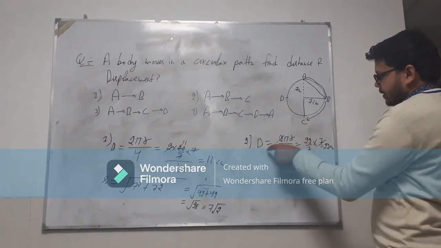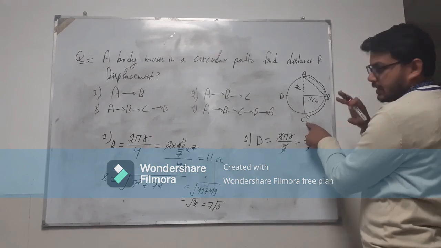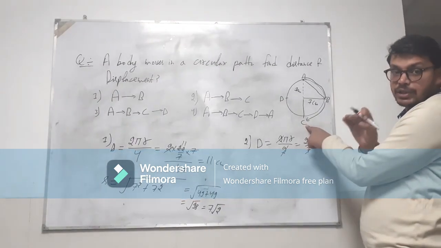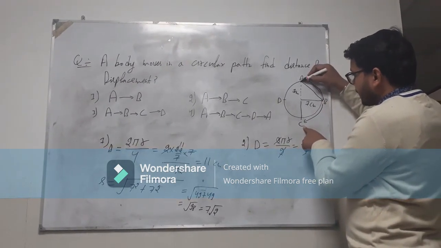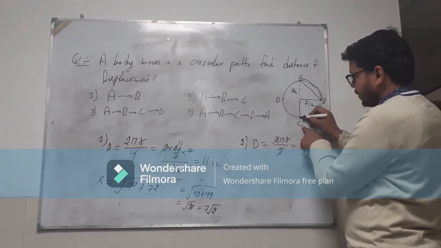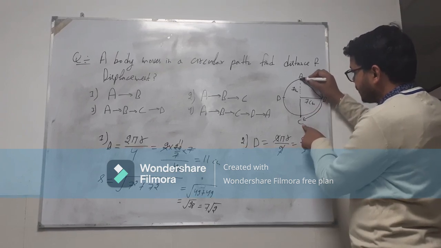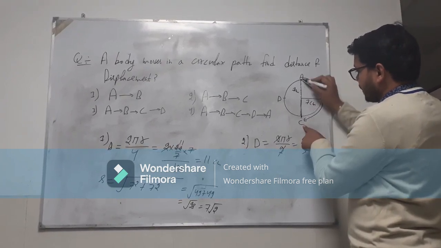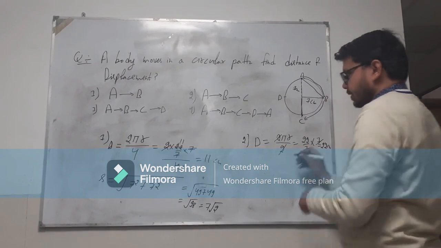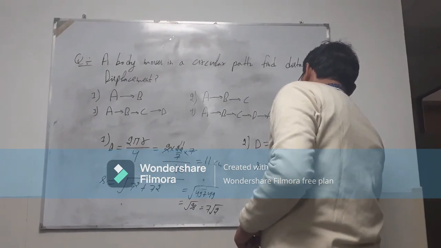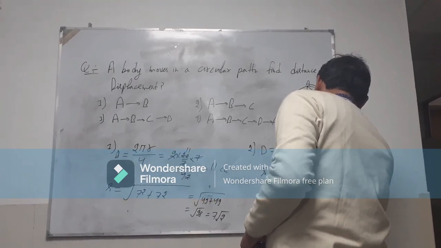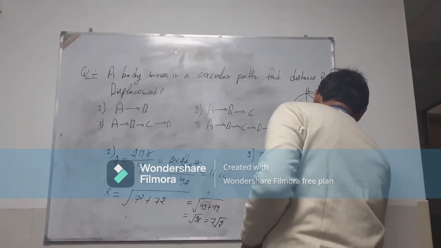Now displacement, which I said is the shortest distance between the start and end points. The person started from A and reached C, so the shortest distance from A to C is the straight line. In a circle, that straight line is the diameter. Diameter is 2 into r, and r is 7 centimeter, so that is 14 centimeter.